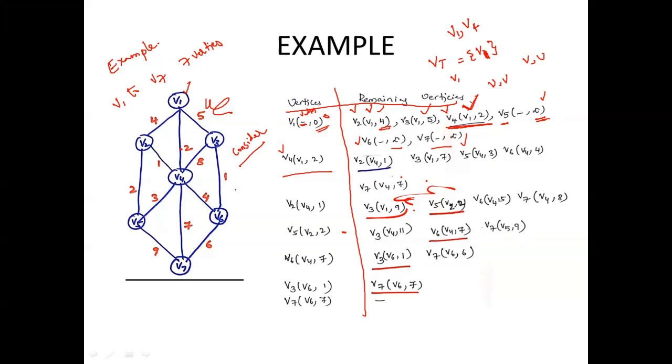Then what we have to do is find out whether we have any other edge from an already visited vertex that we can consider. That is the first step we have to remember.